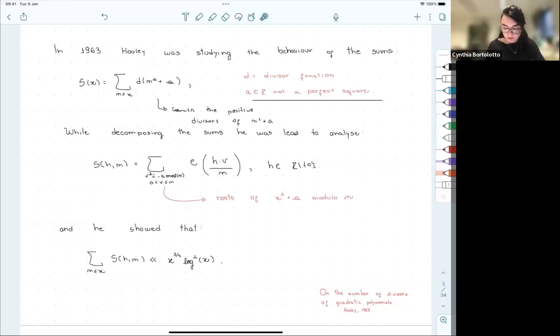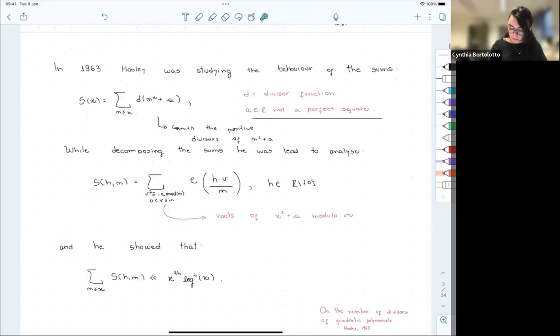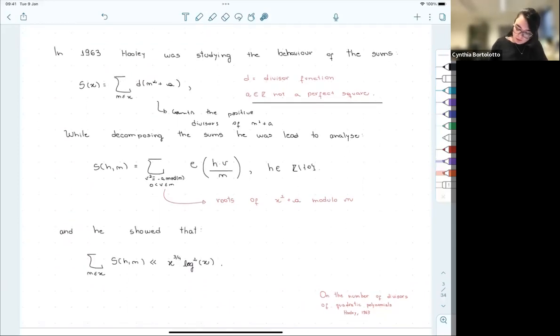While decomposing the sums, he was led to analyze this other sum. We define S_h(n) as the sum over v between 0 and n, such that v squared is congruent to minus a modulo n, of e(2 pi i h v divided by n).